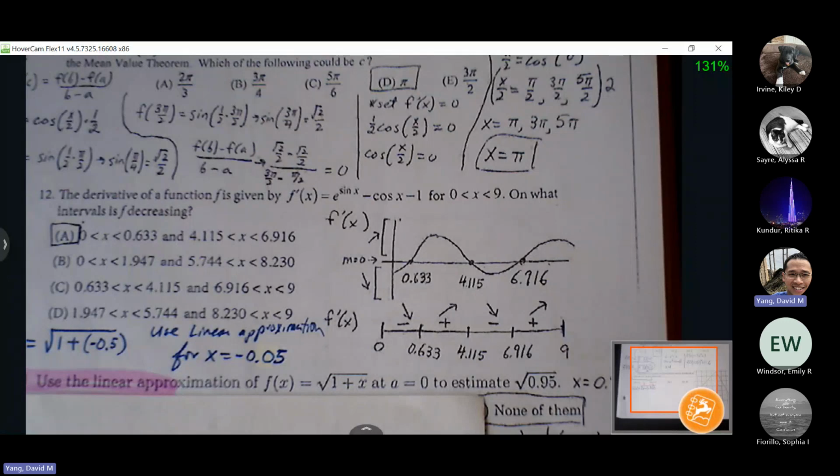This is a little bit more complicated than they need to make it. So let me give a different set.